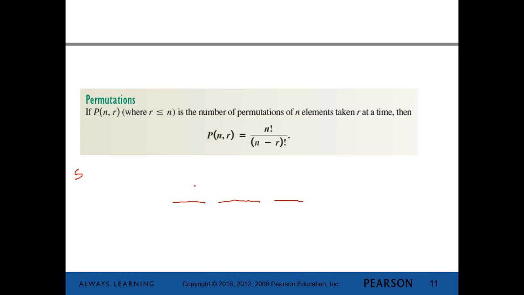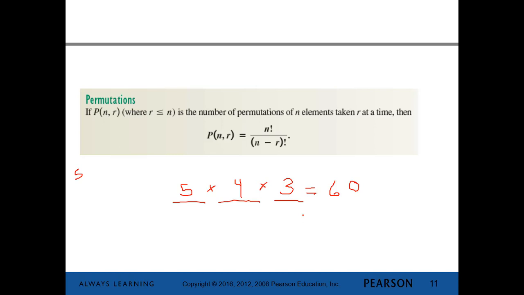Well, how many books do I get to choose for position 1? Well, I have 5, right? One of the 5 is going to be here. And then how many do I have left for the second position? Well, then there's 4, right? And then there's 3. And then the fundamental counting principle just says, if I want to know how many different sequences of 3 books out of 5 that I can get, I just multiply these together and I get 60.